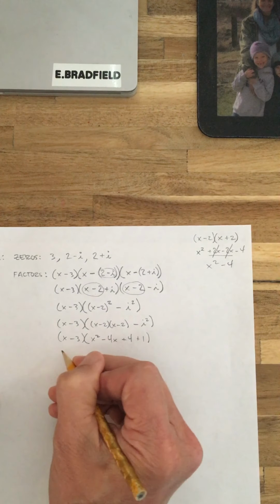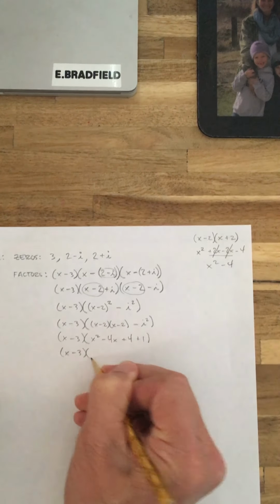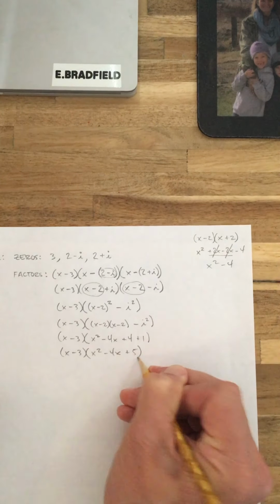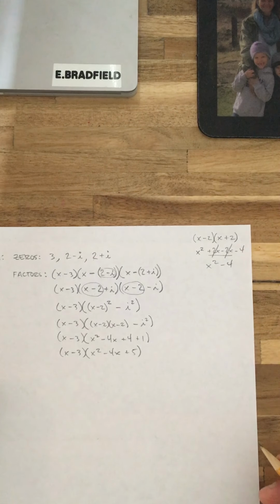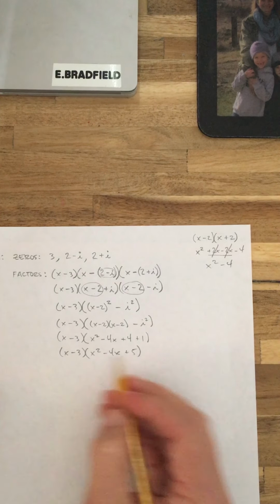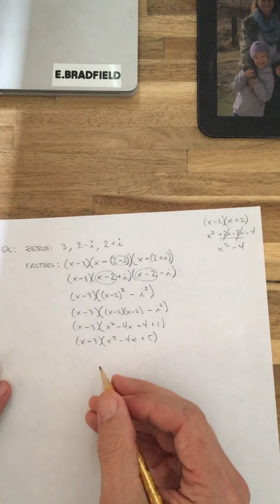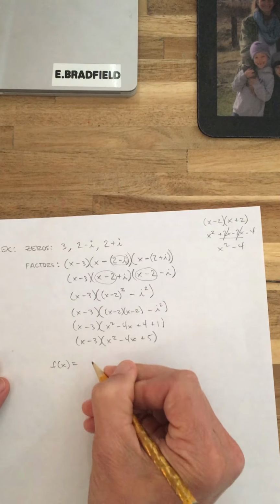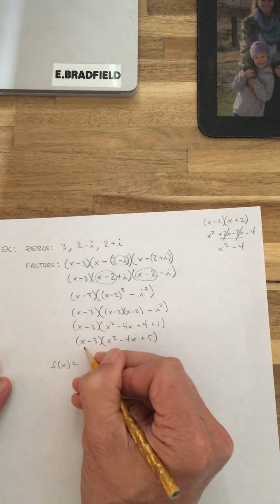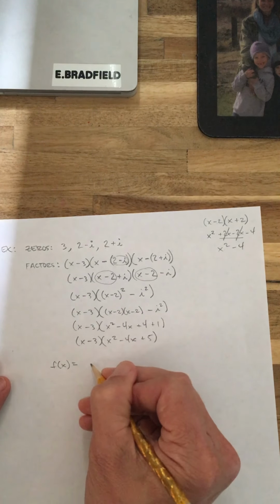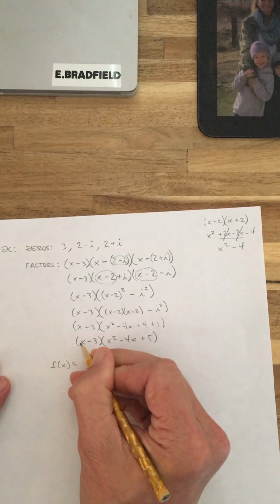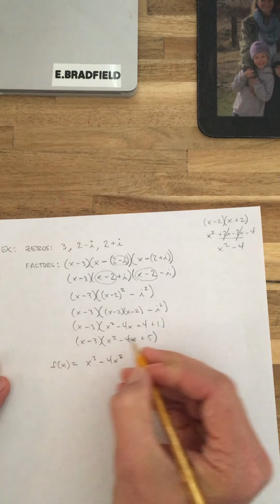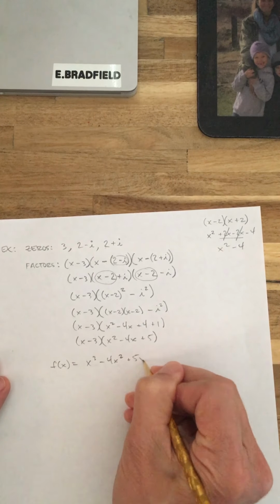Okay? And we'll clean it up one more time. x minus 3 times x squared minus 4x plus 5. Okay? And now all you have to do is multiply everything together. So here we go. f of x equals, right? We're going to just multiply everything together. We have x times x squared, that's x cubed. x times negative 4x, that's minus 4x squared. x times 5 is plus 5x.